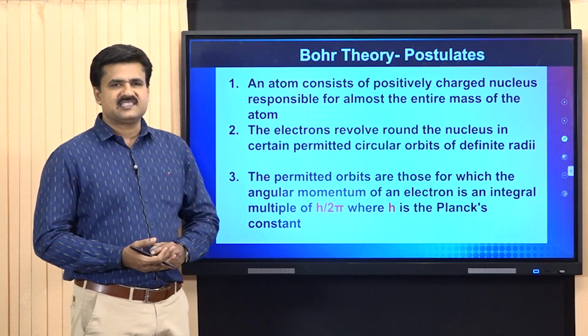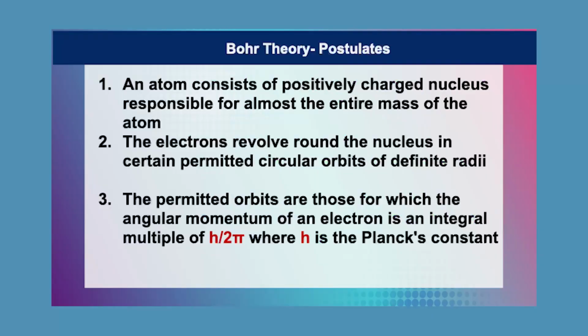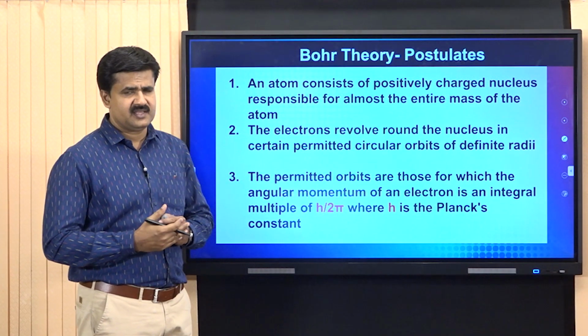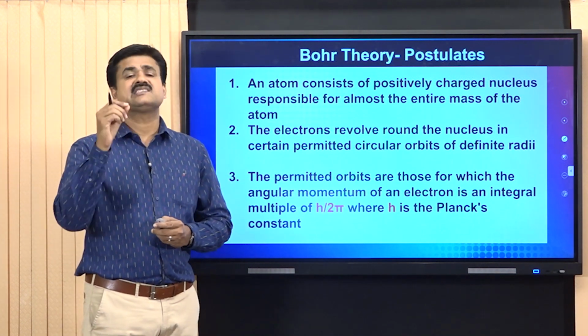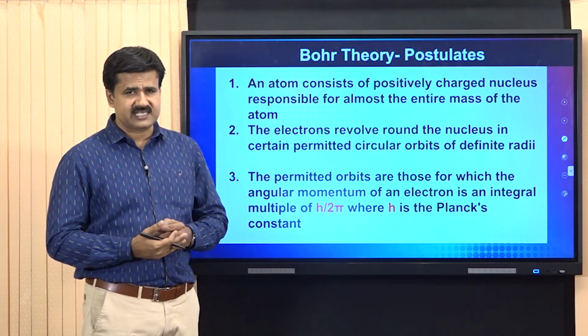The major postulates are: number one, an atom consists of a positively charged nucleus responsible for almost the entire mass of the atom. This means most of the mass of the atom is focused in the nucleus.